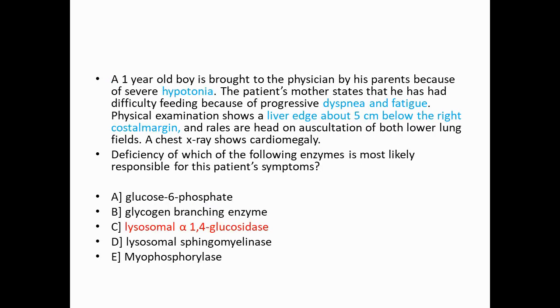So the third question that we have seen before was that there is a 1-year-old boy who comes with hypotonia, dyspnea, and fatigue, and his liver also shows enlargement. So there is only one enzyme deficiency coming into our mind, that is lysosomal alpha 1,4 glucosidase, and this is Pompe's disease.